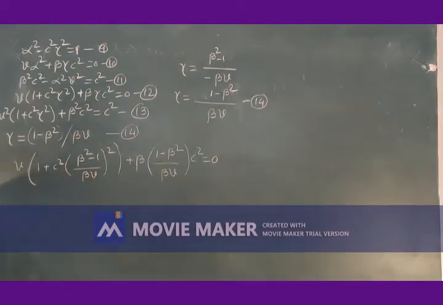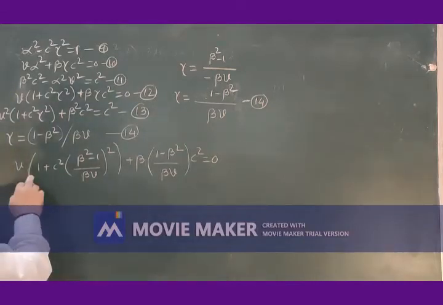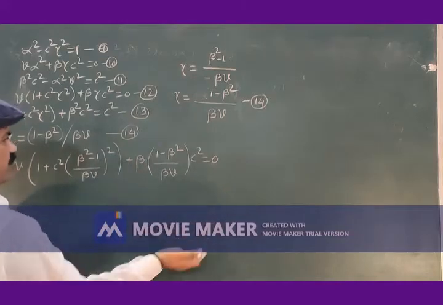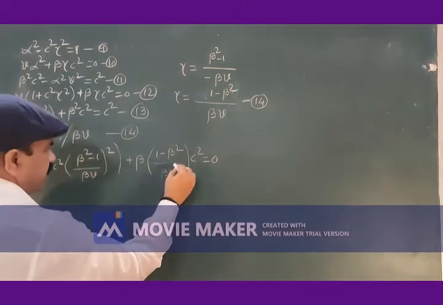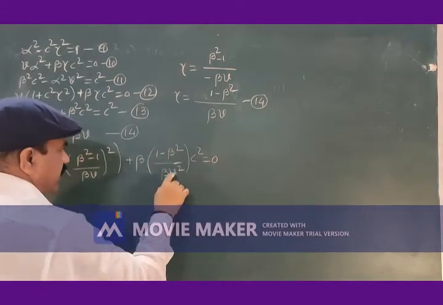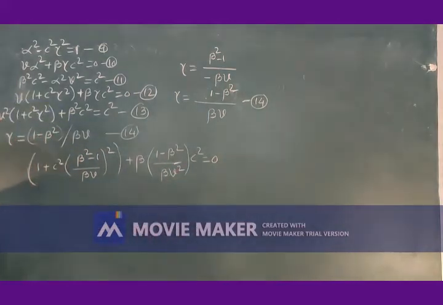Okay, then let us try to solve this. Take this v common from this term and from this term and send it to the other side. If we do this, this will go to this side, this will become v square, and then it will go to this side.